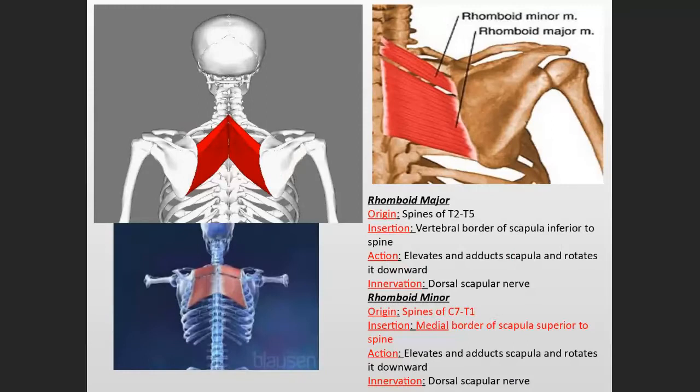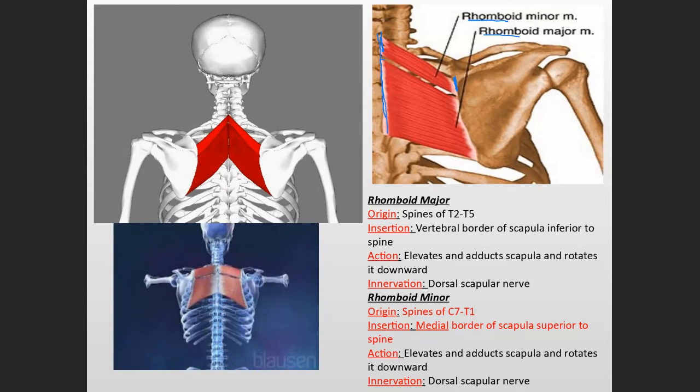Let's go to the next muscle, which is called the rhomboid major and the rhomboid minor. So first of all, the origin is going to be along the spinous processes of, let's talk about the minor first, C7 to T1, and the insertion is along the medial border of the scapula, and the rhomboid major is going to originate from T2 through T5.